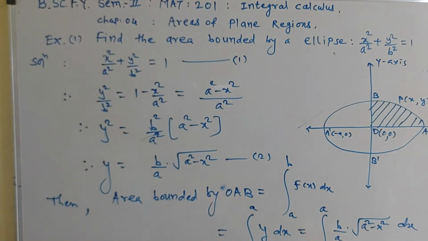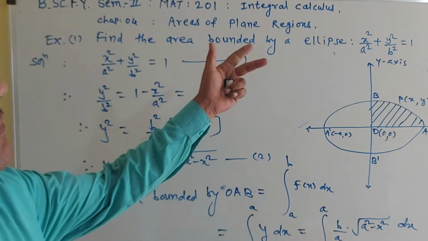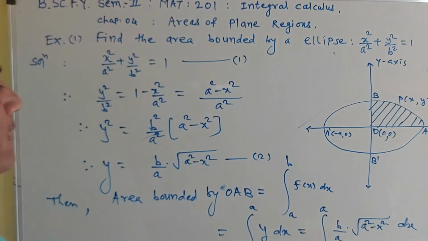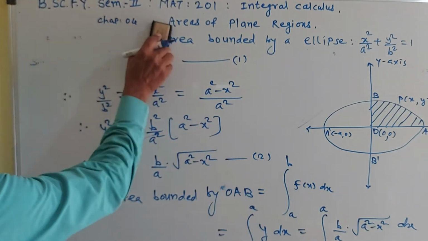So this is the area bounded by OAB, and the required area of the ellipse is equal to 4 into the area bounded by the region OAB.